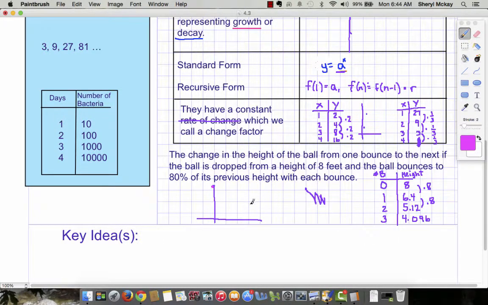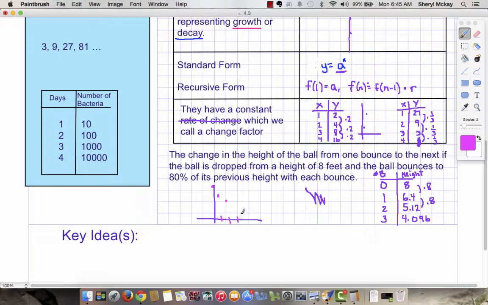At 1, we are at 6.4. We'll say it's right about there. At 2, we are at 5.12, and at 3, we are at 4.096. So you can see that this is going to kind of come down very slowly. It's going to look something like that. Okay? It's not a line, it's actually a curve. It's just not a very good curve.